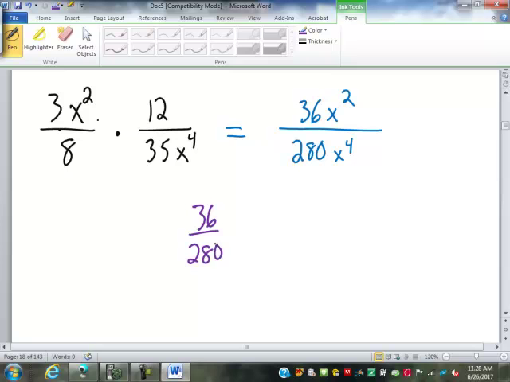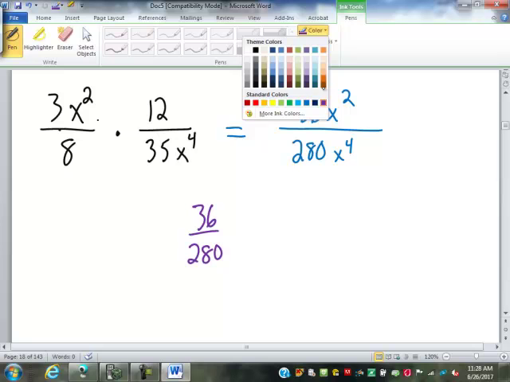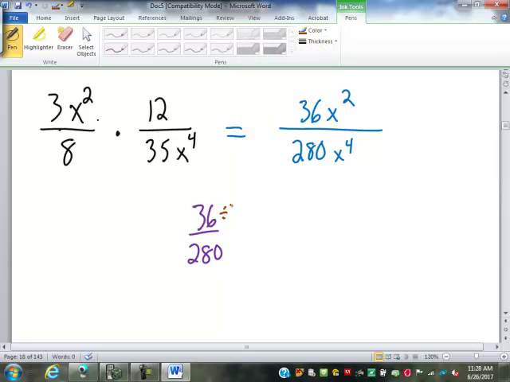Just like we were doing last hour, 36 and 280 can both be divided by, let's start with 4. 36 divided by 4 is 9, and 280 divided by 4 is 70. Can I reduce that any further? No. So 9 over 70 is the numerical part of our answer.